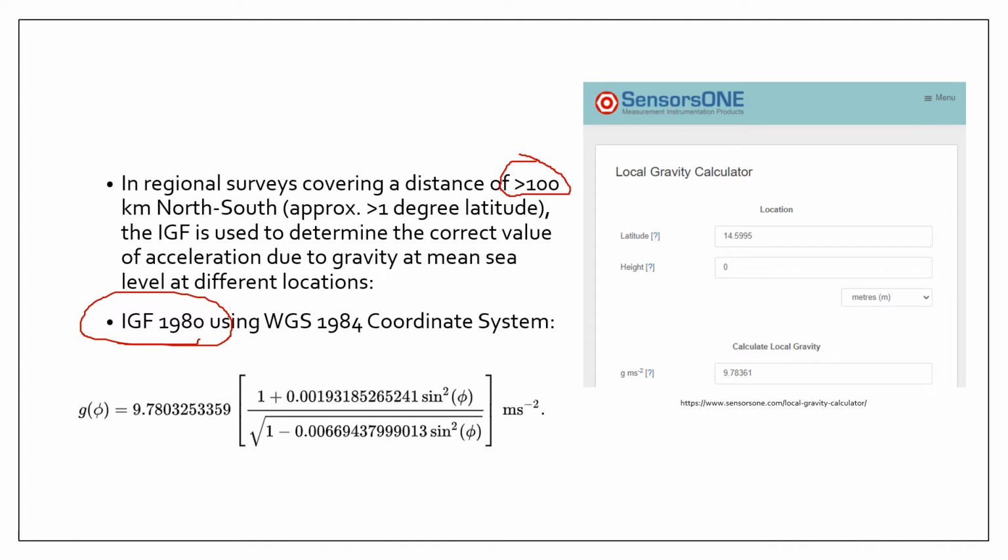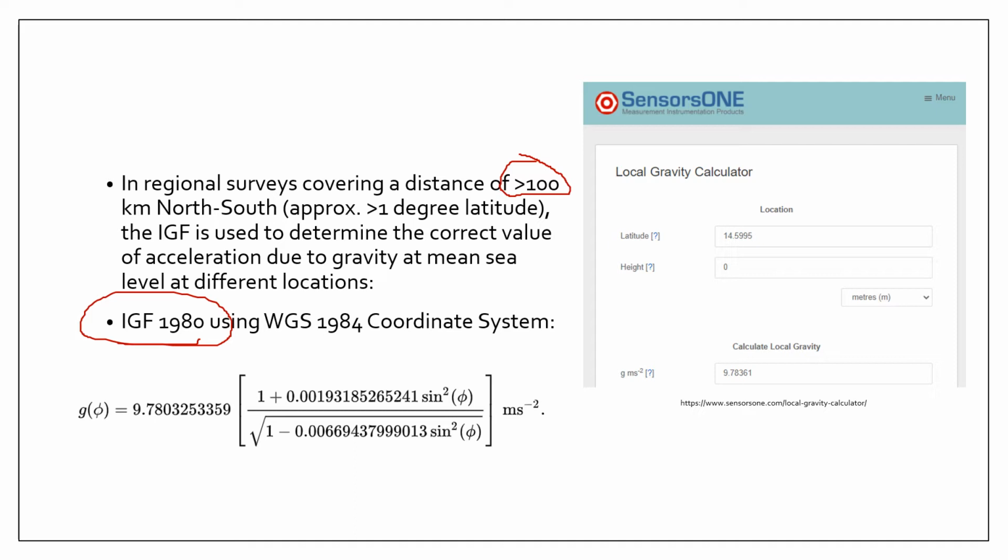If you have a survey going from the southern part of the Philippines, say Bicol, to, for example, Ilocos, that will be approximately in the ballpark of maybe 600 kilometers or more.